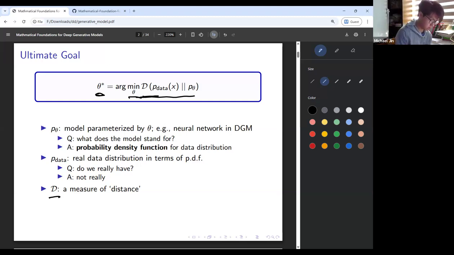You can see here this D in this formula is a measure of distance. If you already know some of the theory of generative models, you may know it is a kind of divergence. There are multiple ways of writing divergence, for example the KL divergence or JS divergence.